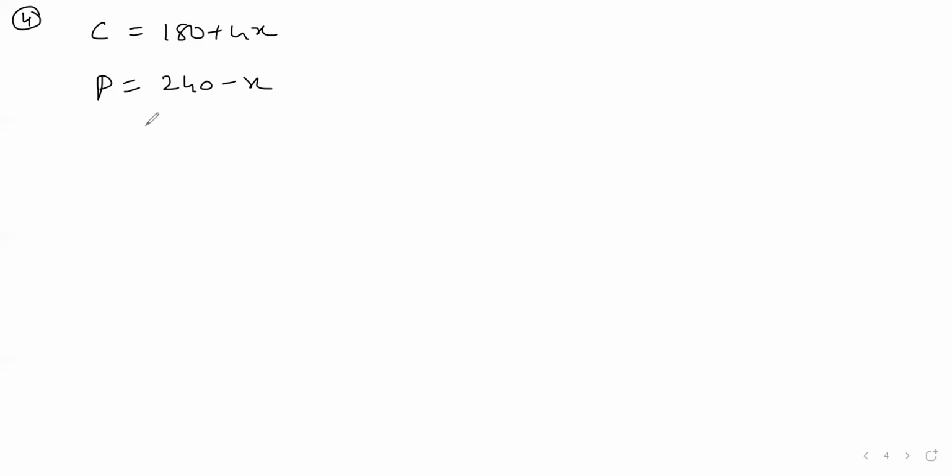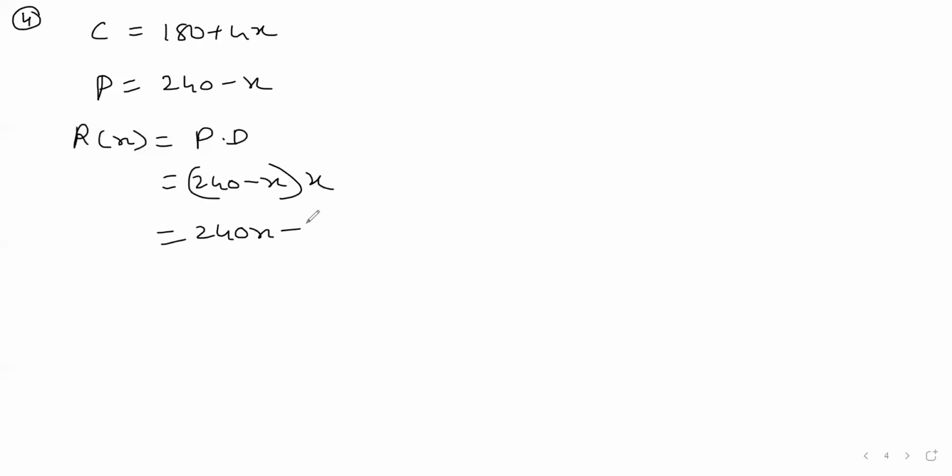This is my total cost. This is price per unit. What is the revenue function? It is price into demand. x is the number of units produced and demanded. So it will be (240 - x) times x. So 240x - x² is the revenue function. We want to find the value for which revenue is increasing. So I will find the derivative of this, that is 240 - 2x. And this should be increasing, so this has to be greater than 0.